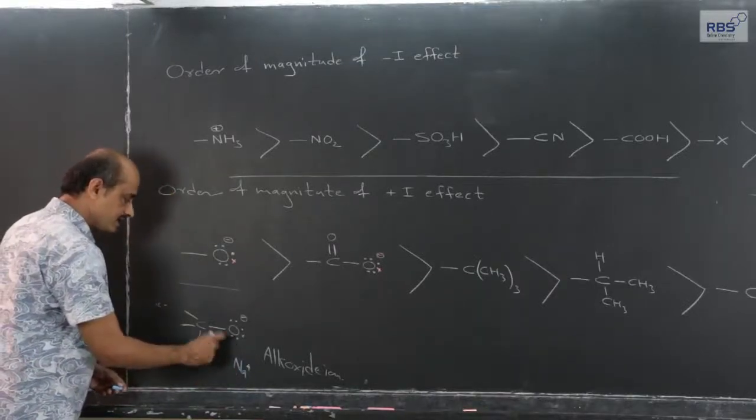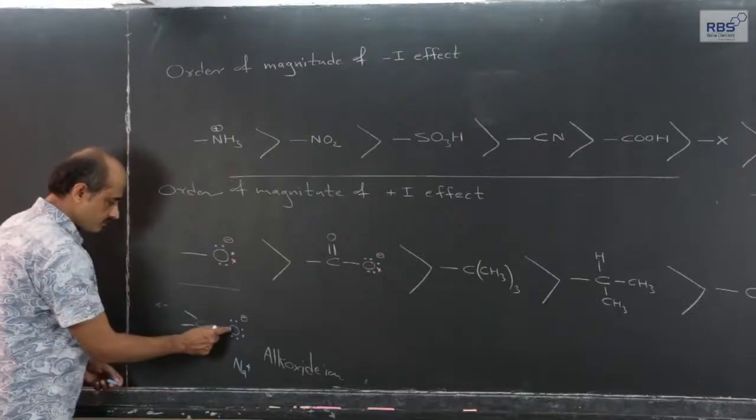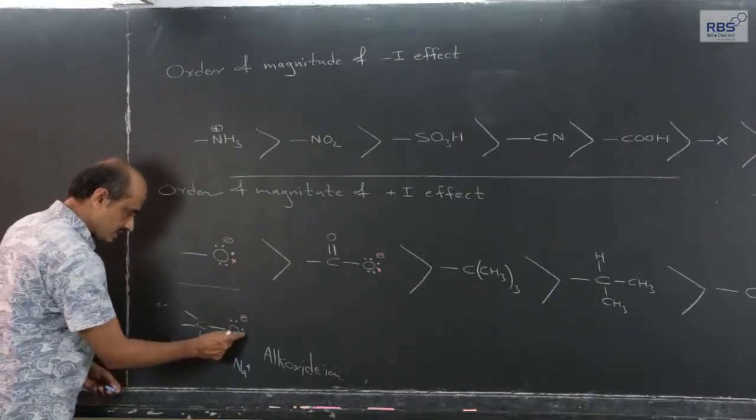This is the alkoxide ion. Now, here the octet of oxygen is complete.